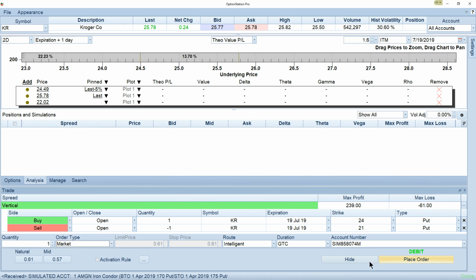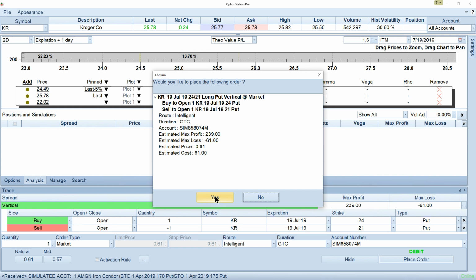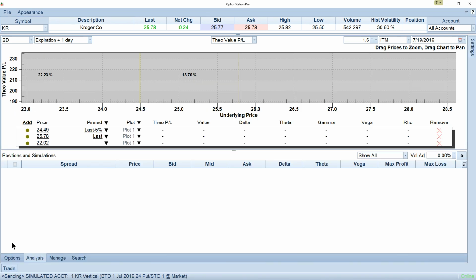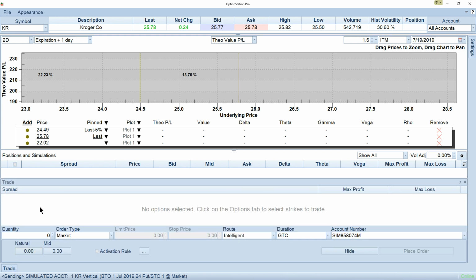So market price, place order. Yes. So the trade is being sent. You can see in the bottom it says sending. Okay, it's taking a long time. Maybe my connection is not too smooth with the trade server.